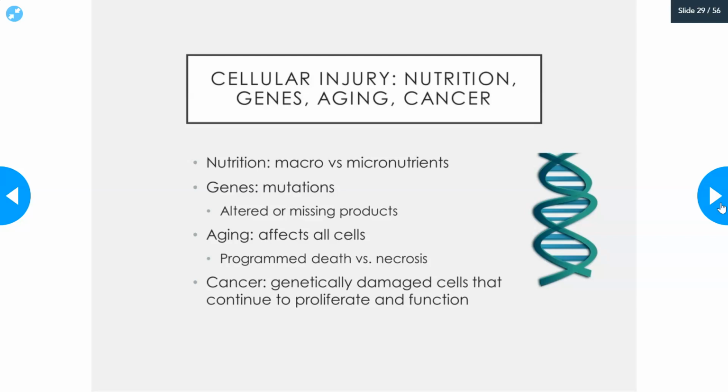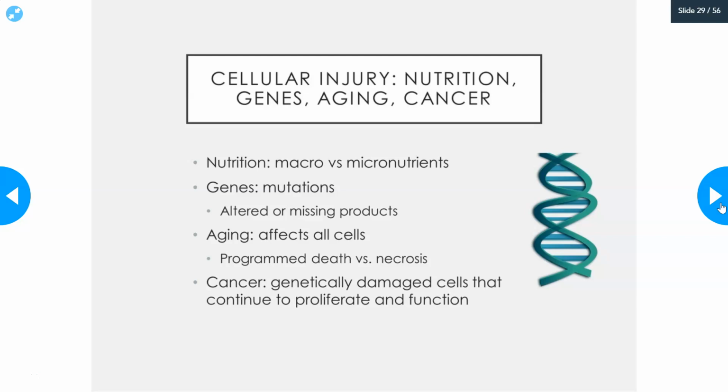The micronutrients are your vitamins and your trace minerals that are necessary, and even minerals like your sodium and your chloride and your potassium and your calcium that you need, but also your zinc and your magnesium and your selenium and your vitamin C and vitamin A and B12 and all of that.